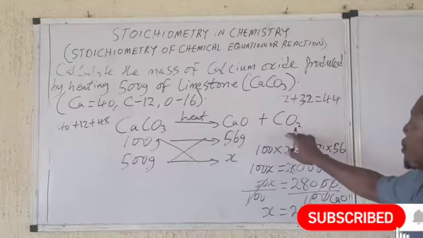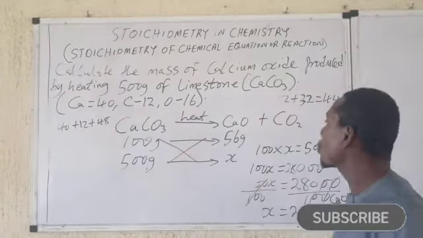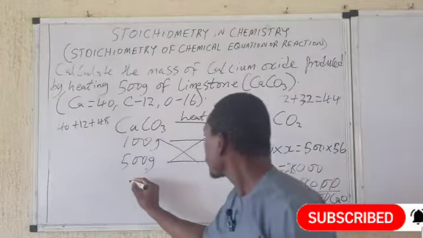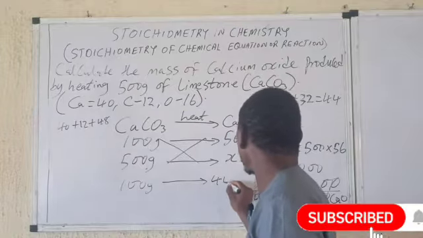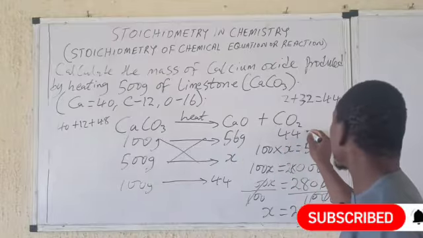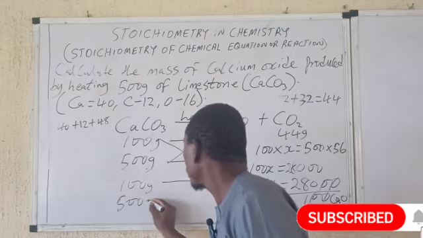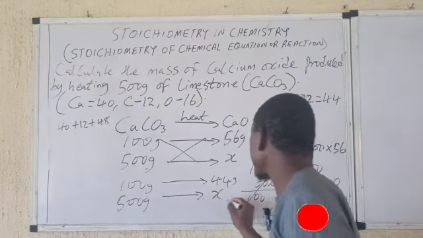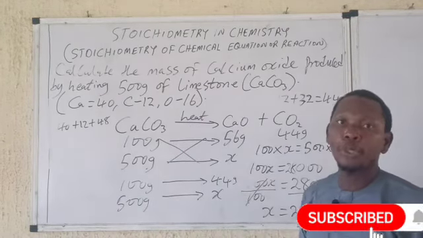Now, if you are to relate it with the amount of carbon dioxide that 500 will produce, we have to relate it with 100 gram produces what? 44, which we calculated before, 44 gram. 500 gram will now produce what? X. So you can do that and drop the answer in the comment section.